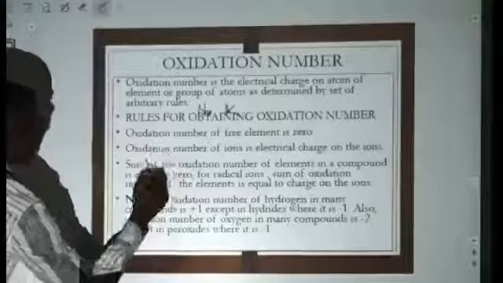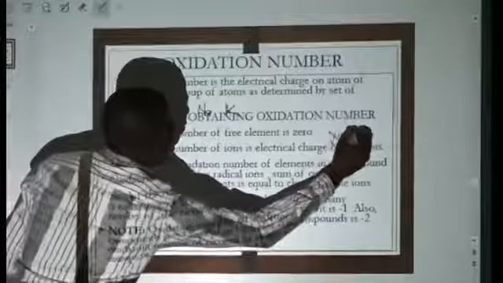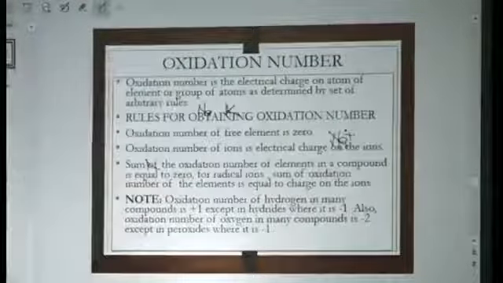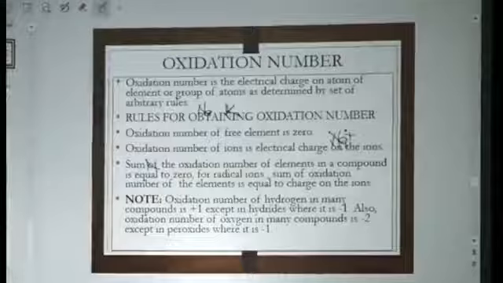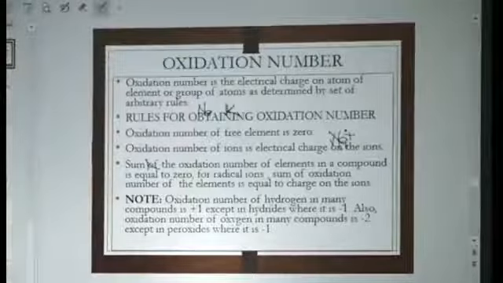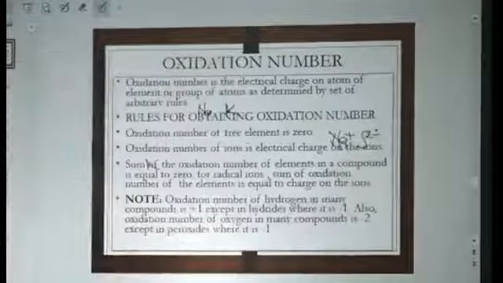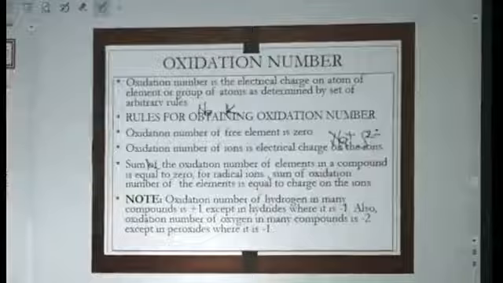For example, we have Na+, this is the sodium ion. The oxidation number of sodium here is +1. Or I write S2-. The oxidation number of sulfur here is -2.